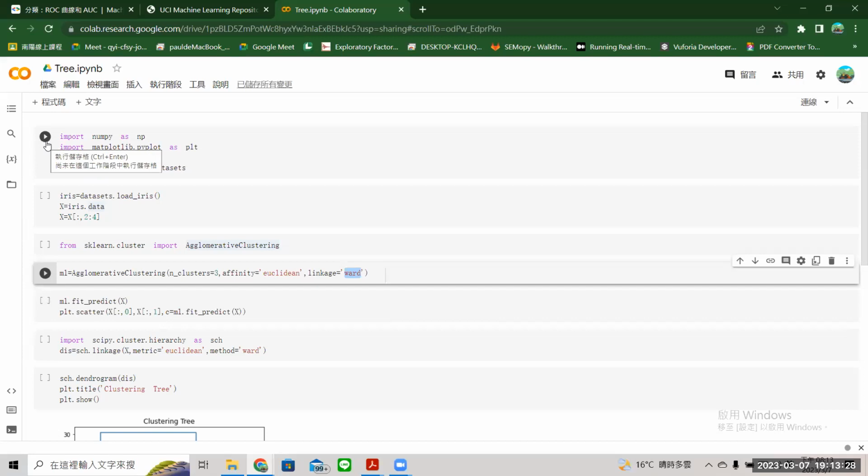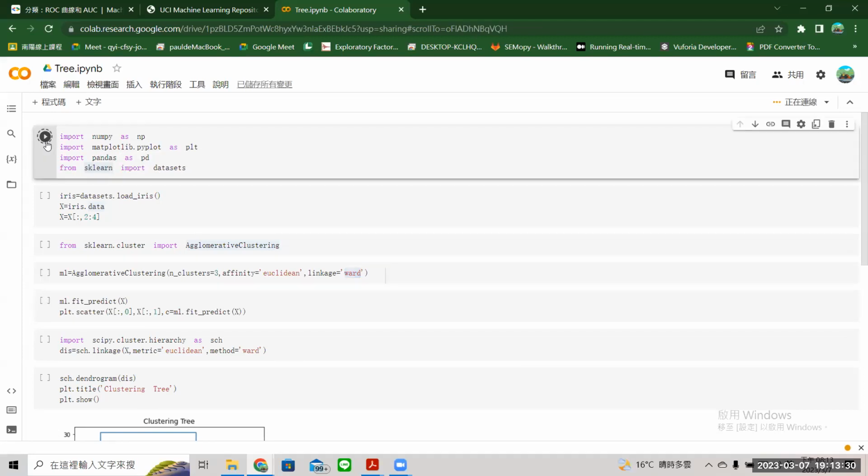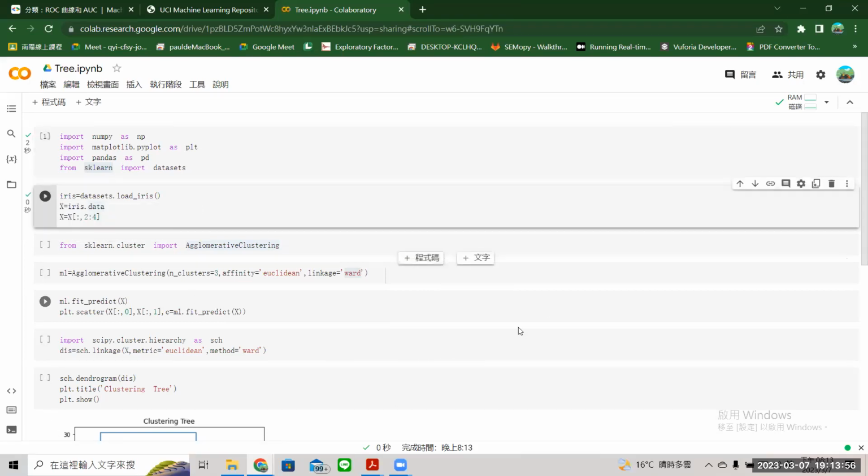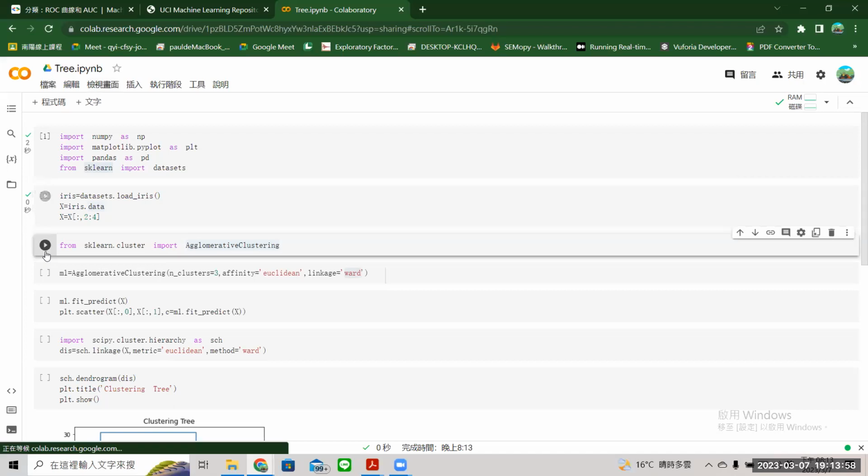This is the first one. We go from the first section. This is the limitation of the Python notebook: you must start from the first section. Load the iris data, then import the algorithm.